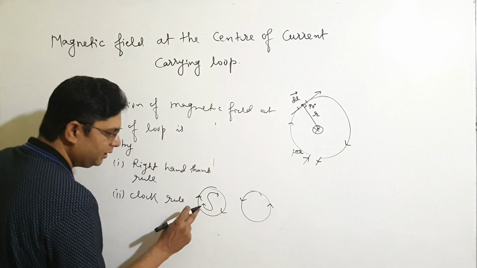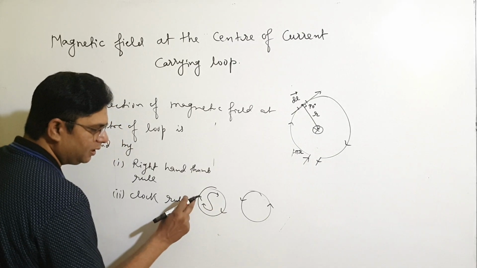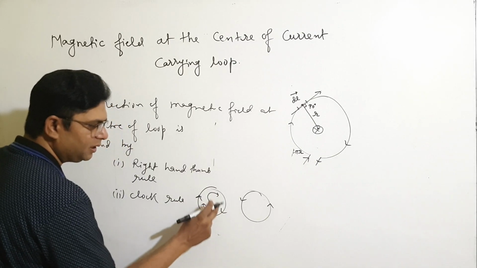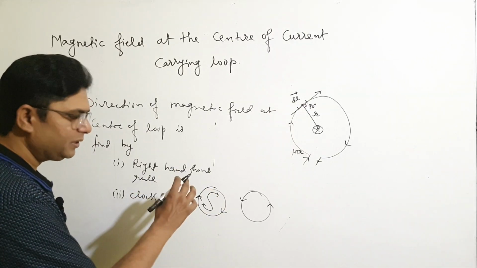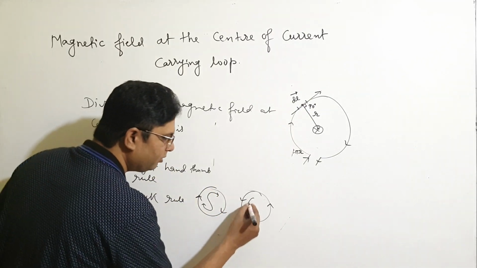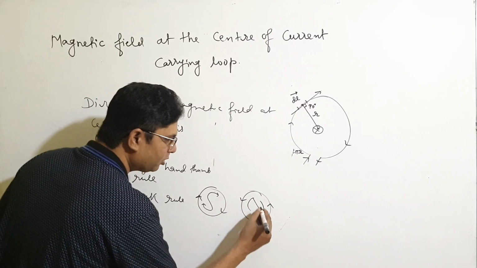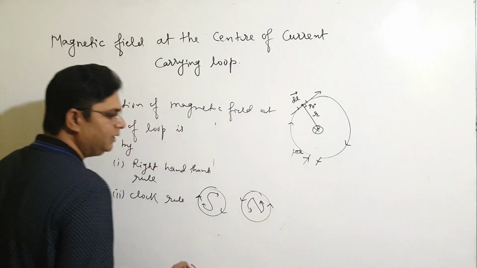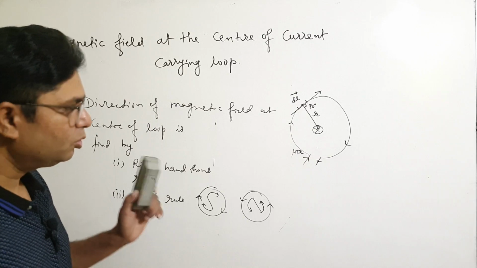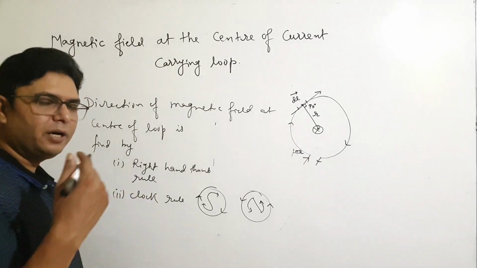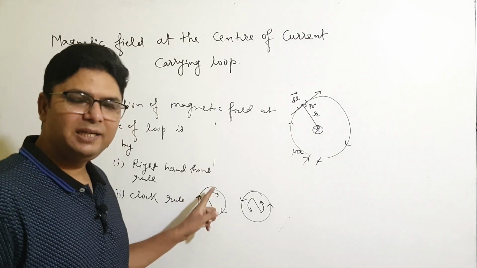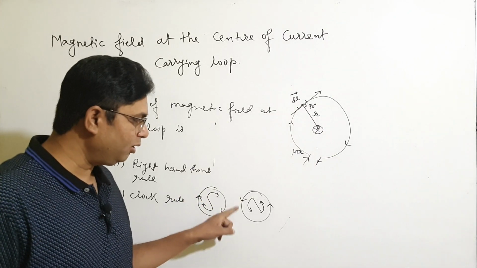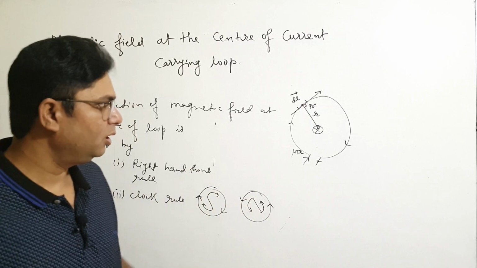See the arrow here. This arrow is representing similarly here. These two arrows are in the same direction. So if current rotates clockwise, then it represents south. In the same way, here you have north. If current is moving anti-clockwise, then it represents north. So you know that when current moves clockwise, it indicates south, and when current moves anti-clockwise, it indicates north.